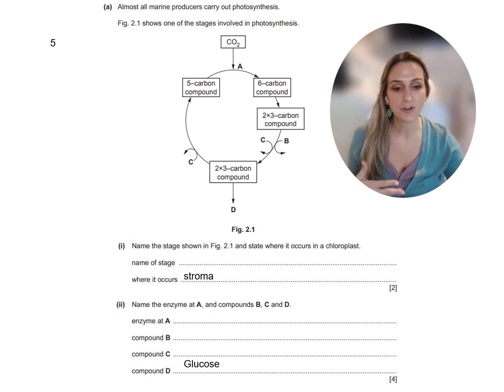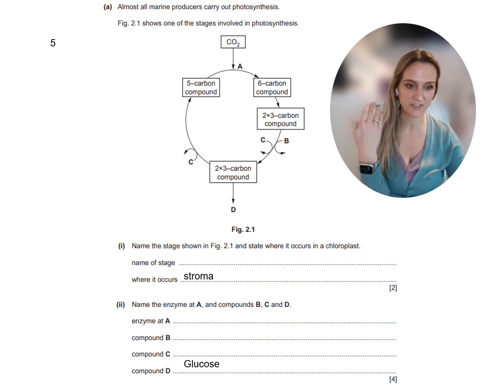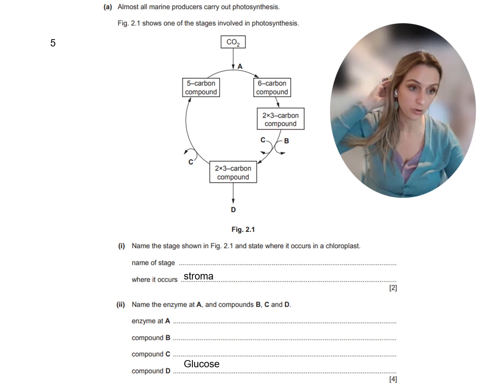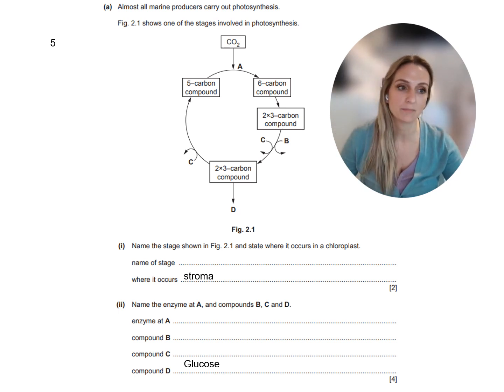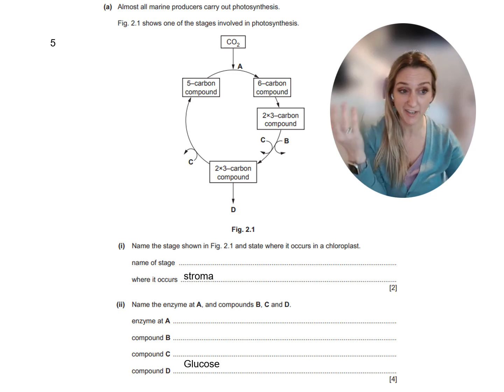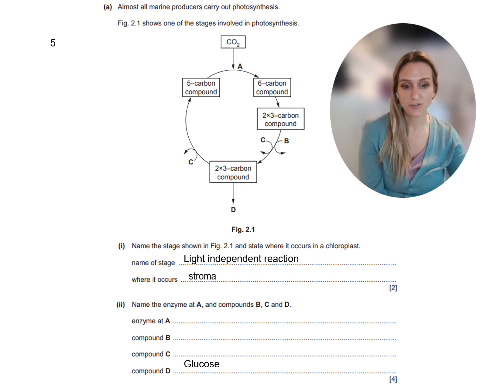So what we do have to know, we can see as an example right here. This first one, similarly to the one with the light dependent reaction, says name the stage and state where it would occur within the chloroplast. And because carbon is involved, and we don't see any light being involved, this is not the light dependent reaction, this is the light independent reaction. Where it occurs in the stroma.